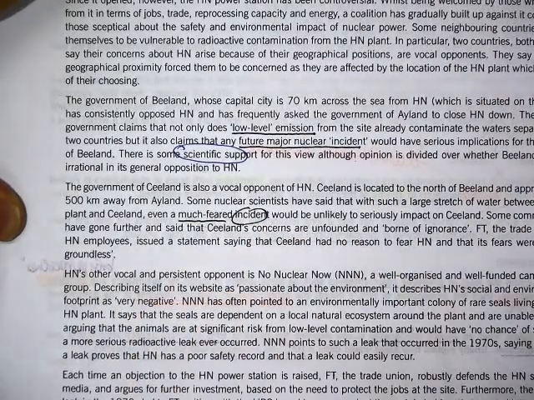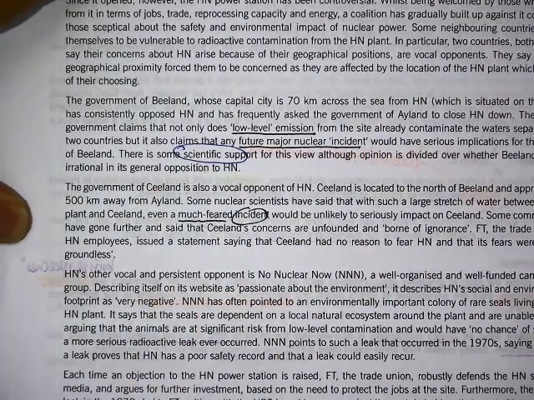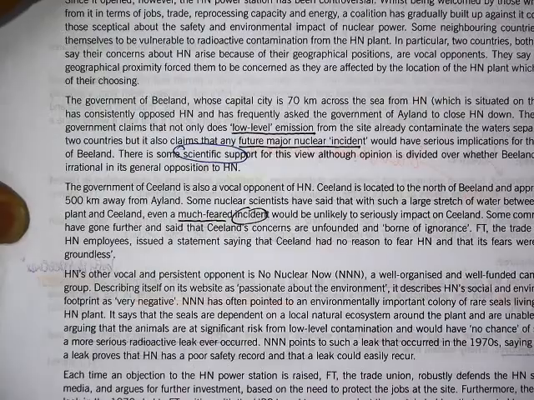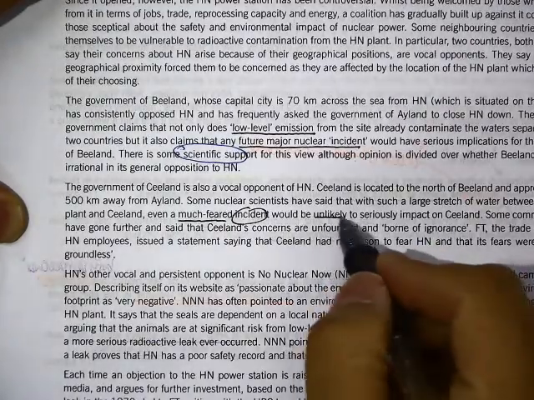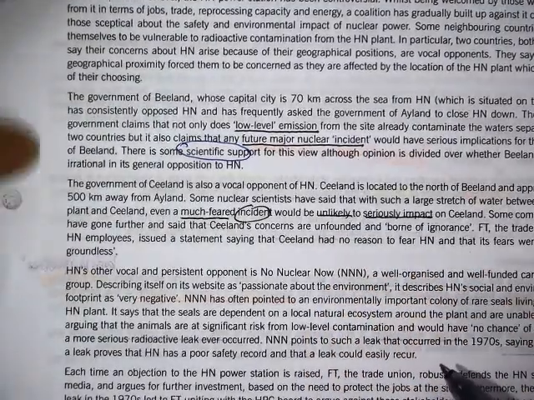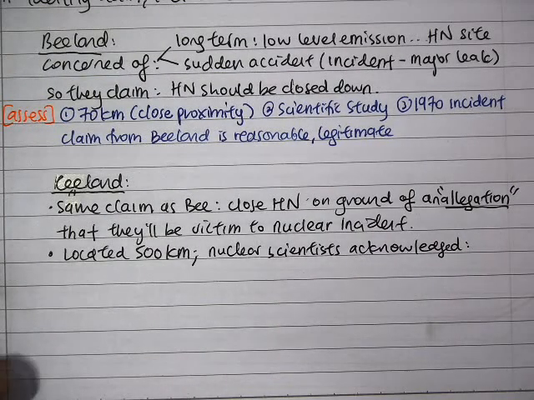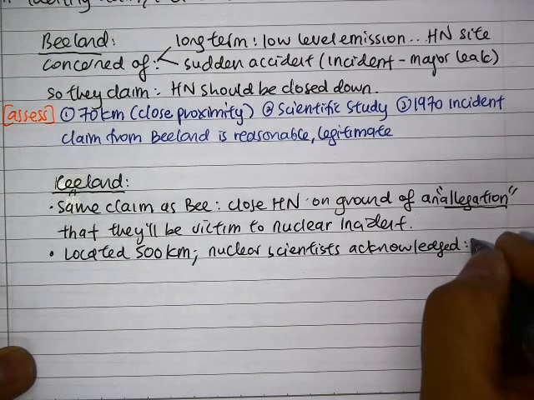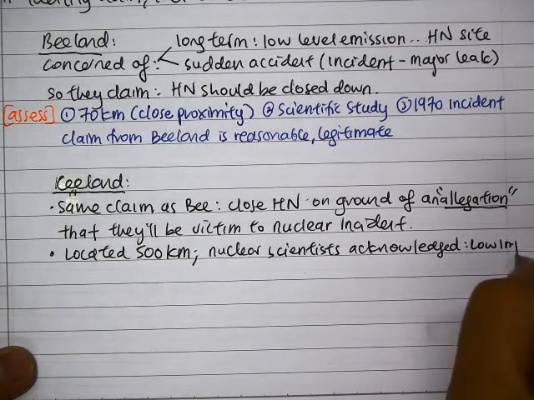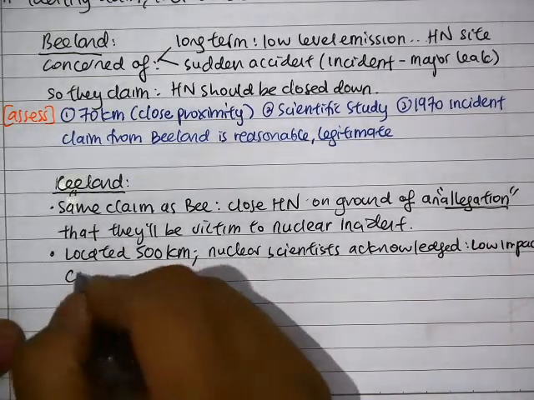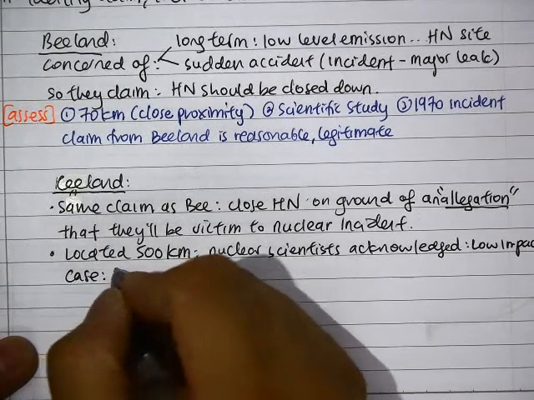but if you look at the case, they located 500 kilometers, plus even the nuclear scientist has acknowledged.